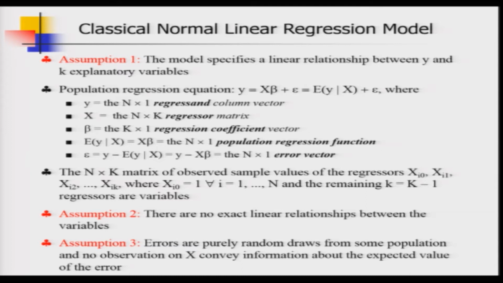Okay. Now, let us focus on capital X. Capital X is an n cross K regressor matrix. So, what do we mean by this? Capital K is basically small k plus 1. Of course, we are assuming there are small k number of explanatory variables.